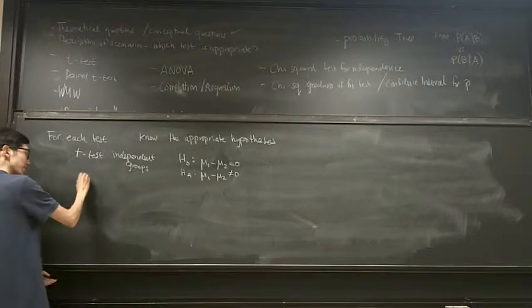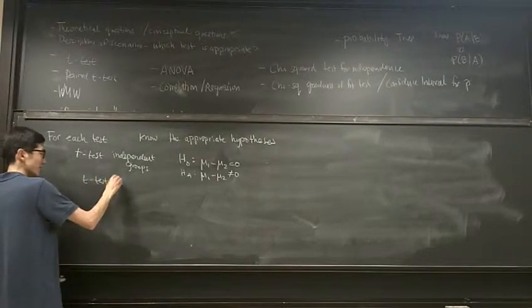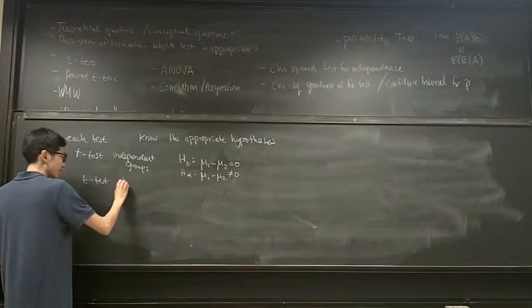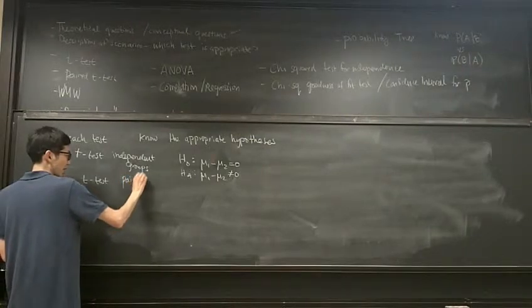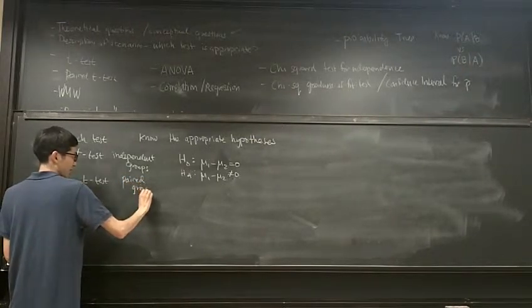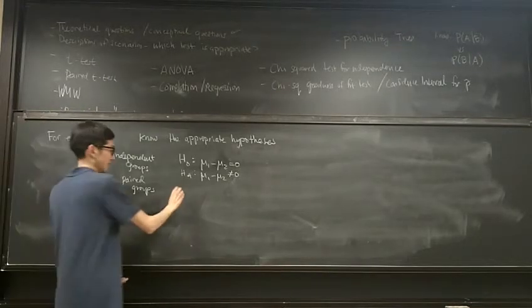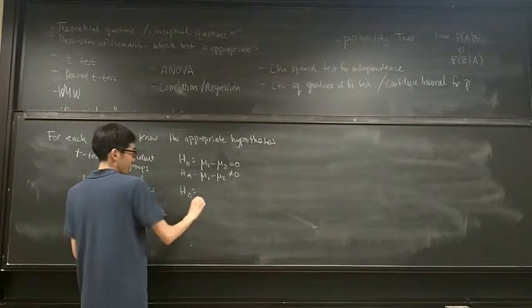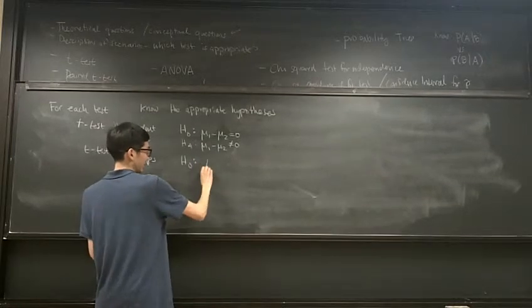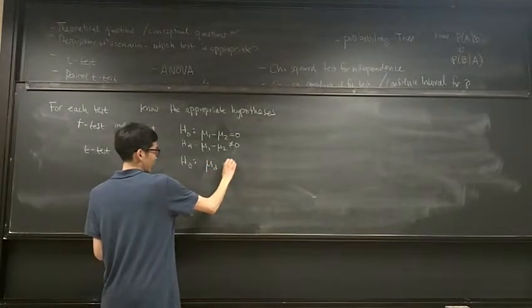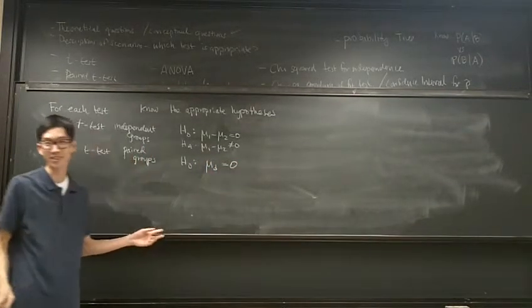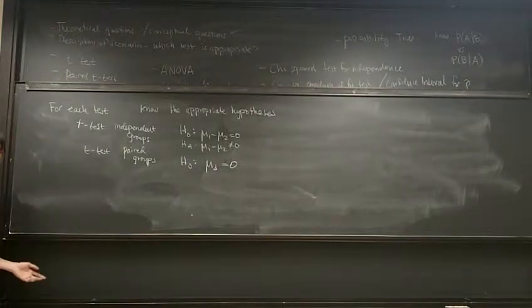Okay, and some of these are subtle differences. For paired groups, what's the hypothesis for paired groups? The mean difference is 0, right?